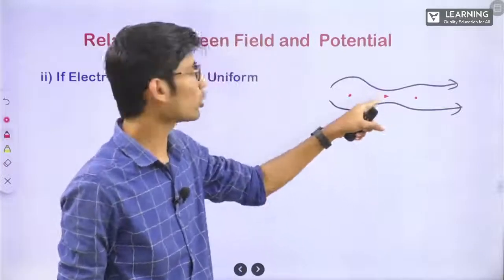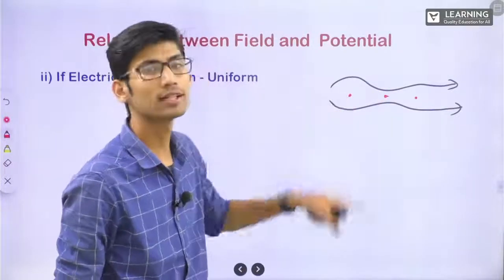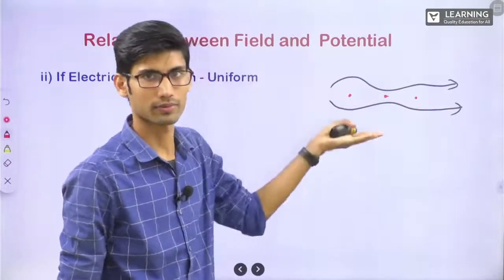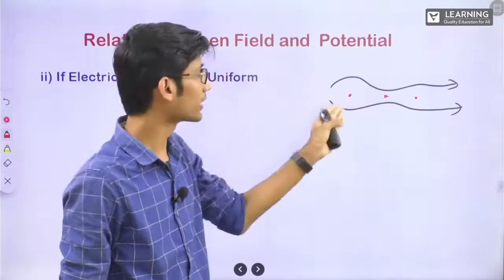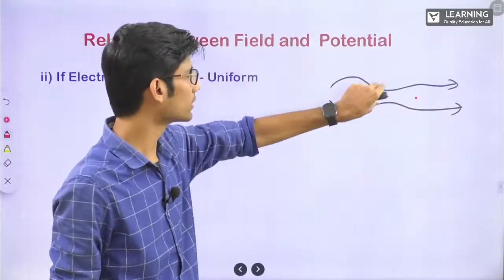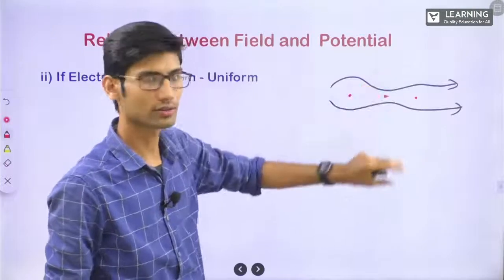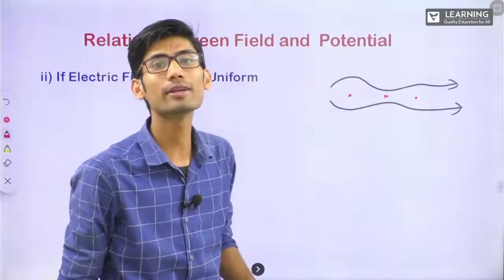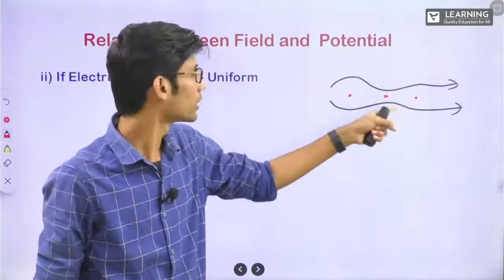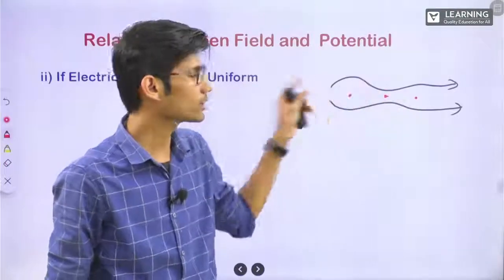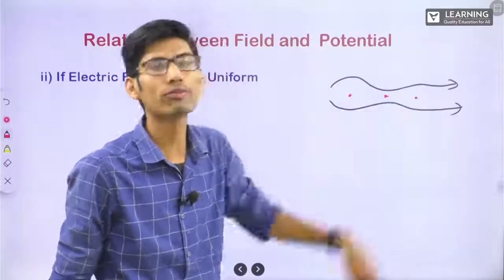Here the electric field is more, here the electric field is less, correct? We saw that where the electric field lines are more dense, or the space between the electric field lines is less, there the electric field is more. Here it is more, here it is less. So everywhere it is changing, it's non-uniform.